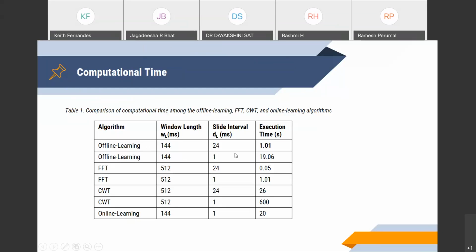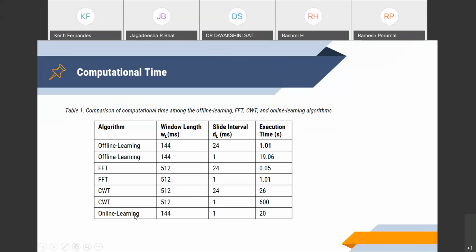You can also decrease the separation between windows further, but the computational time is then increased by a factor of 19. So we need acceptable performance with a computationally efficient algorithm. That's why the offline learning algorithm is suitable.